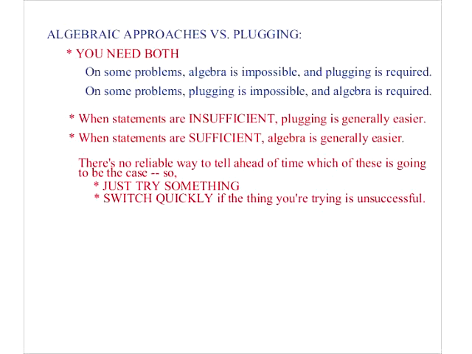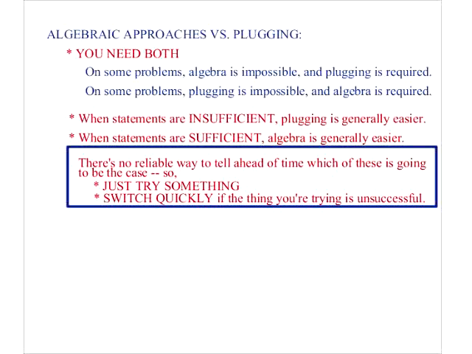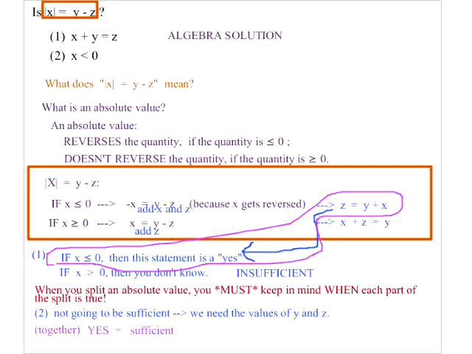Majorly important points. What I mean by this is when statements are insufficient, plugging is easier. Notice what I mean by that. With algebra, insufficient statements are generally this horrible pain in the neck, because nothing happens at all. When you're dealing with an insufficient statement, you just do a bunch of algebra and nothing much happens.